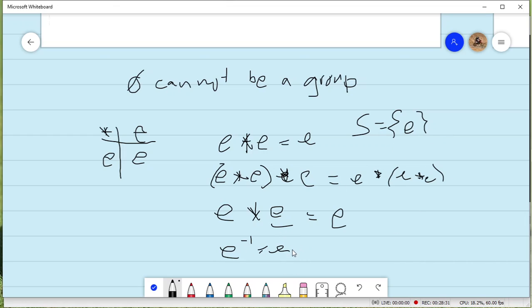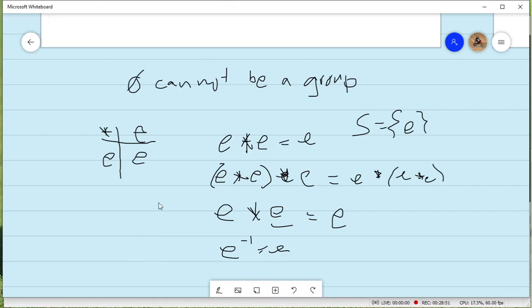In other words, all the axioms required for a binary structure to be a group are satisfied by the set S with the element E with this operation table. So this operation table can now be called a group table.